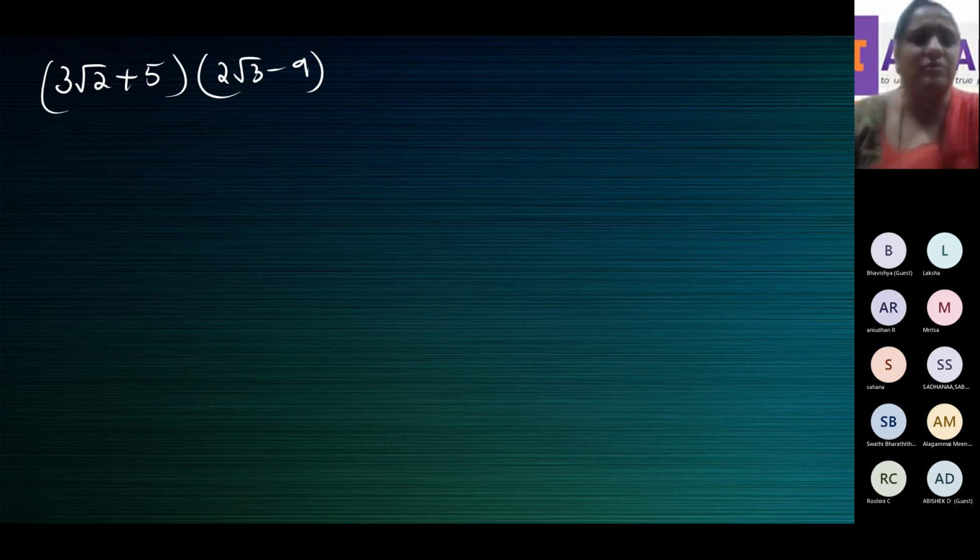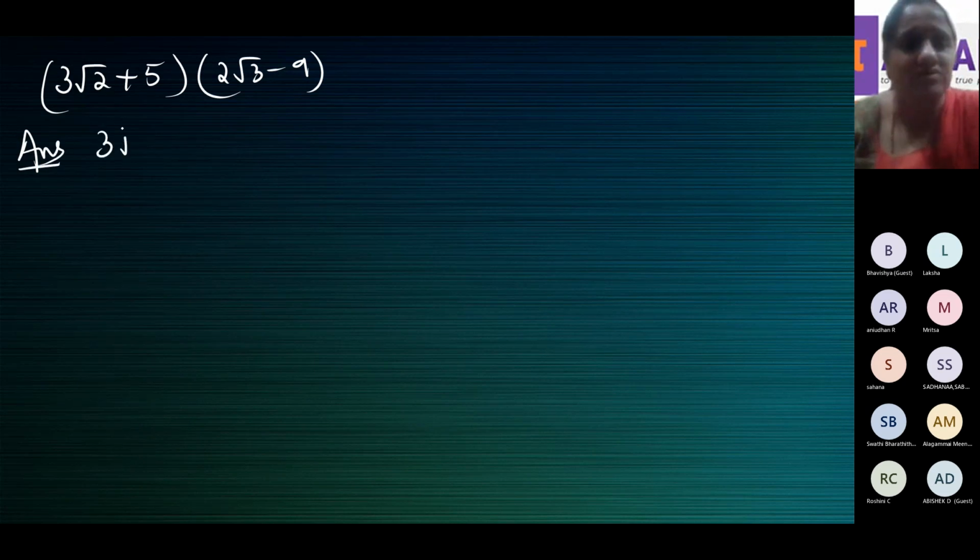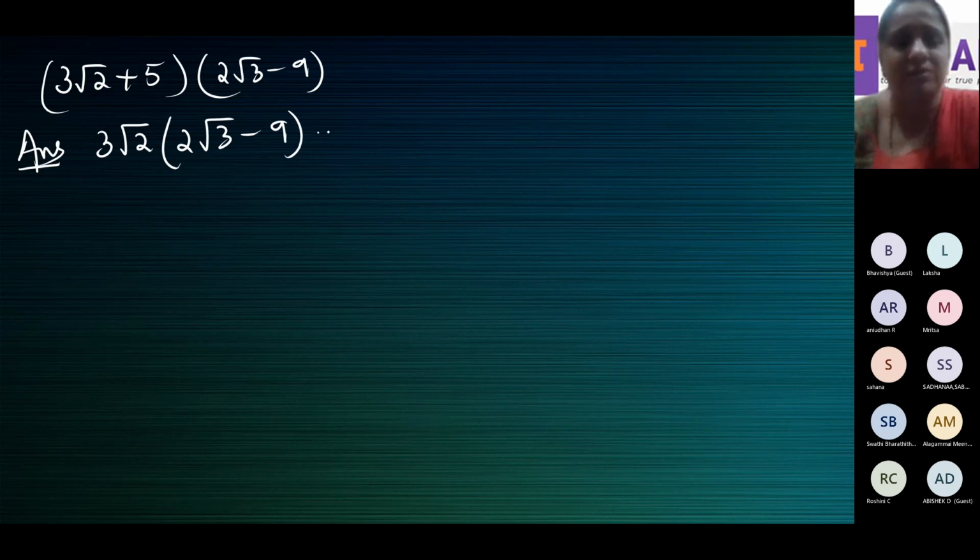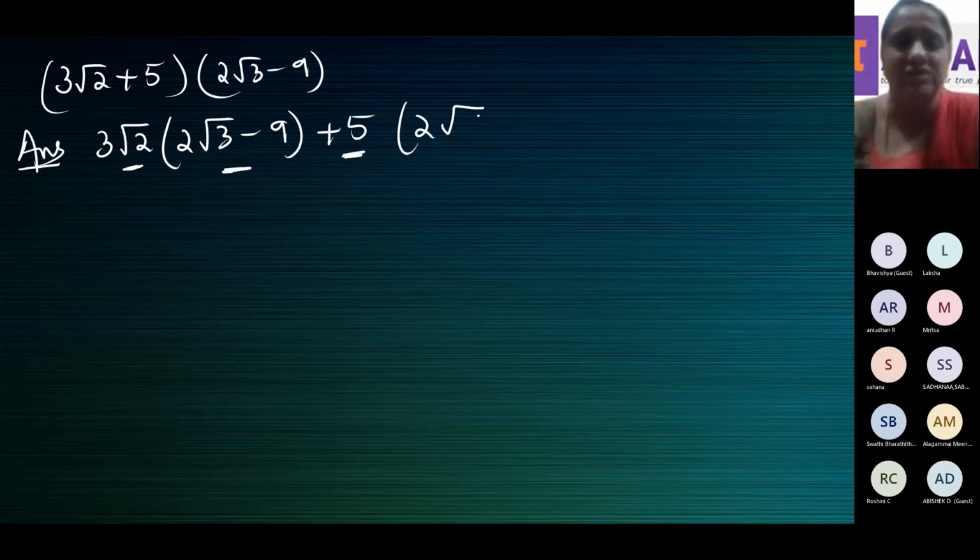Then do the regular multiplication. Multiply the first term of the first bracket with the second bracket, and the second term of the first bracket with the second bracket.